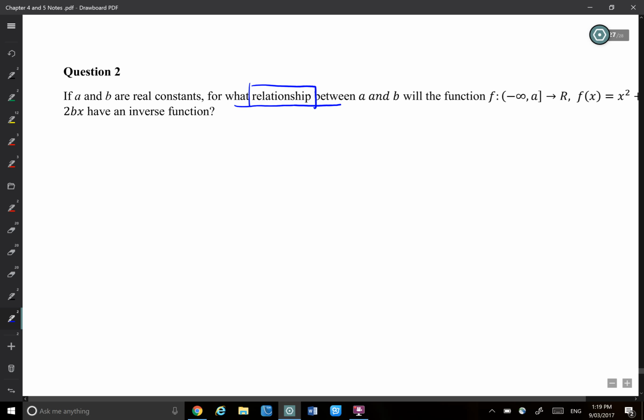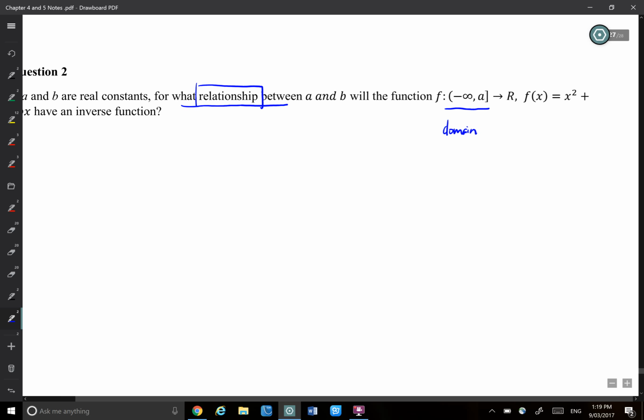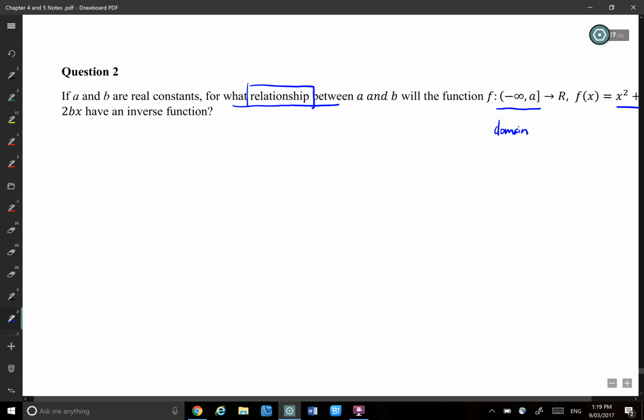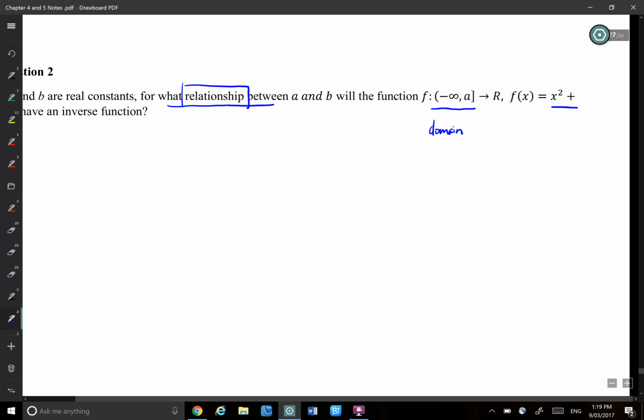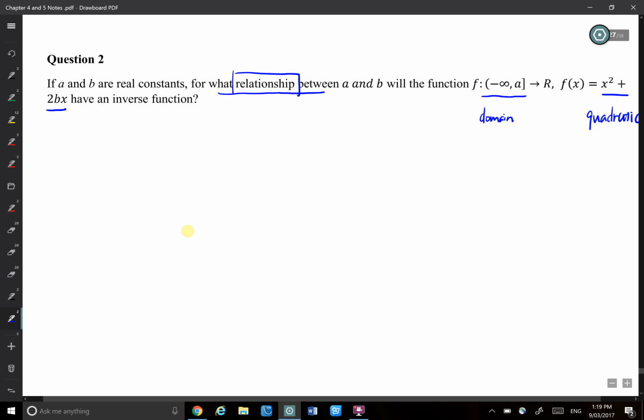For what relationship of a and b will the function f, with that domain, mapping to R, and f(x) equals x squared plus 2bx, have an inverse function? This is a quadratic. To have an inverse function means it must be a one-to-one function.